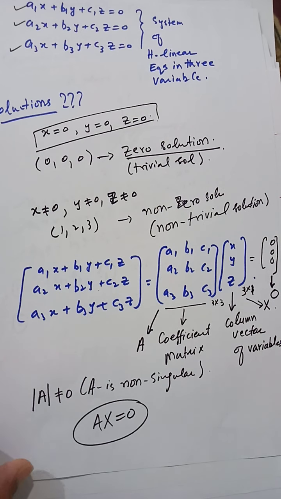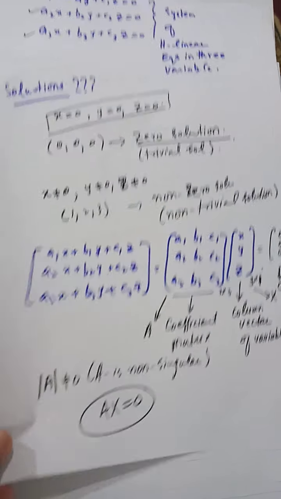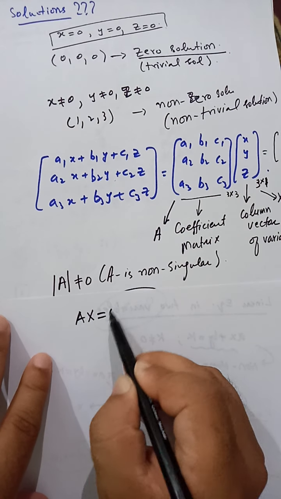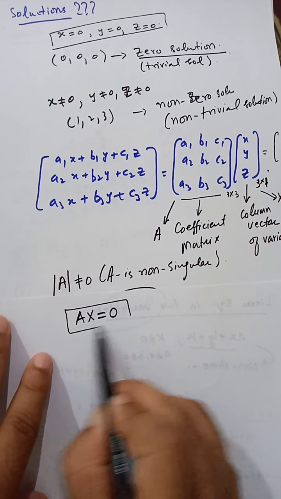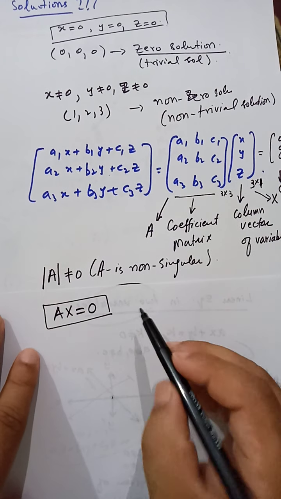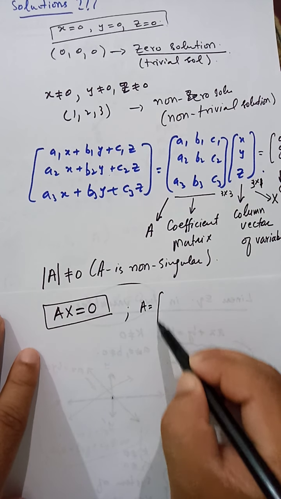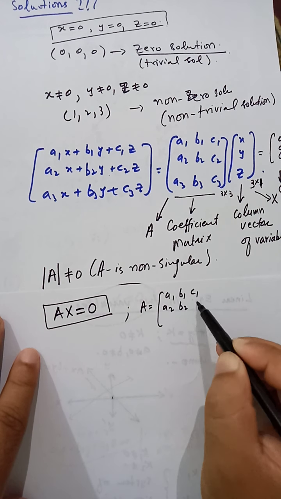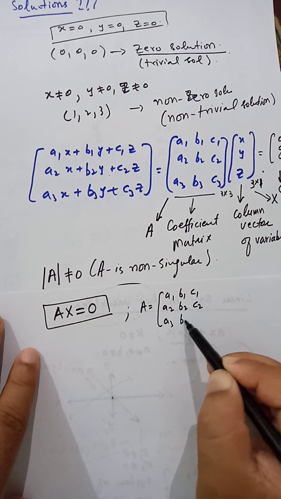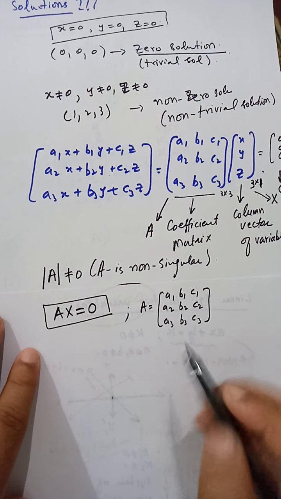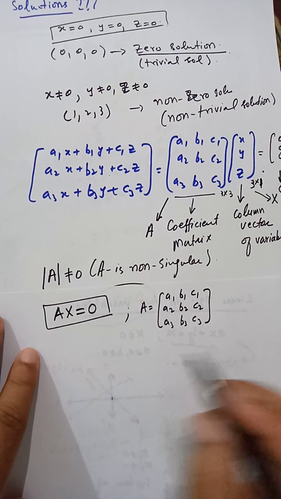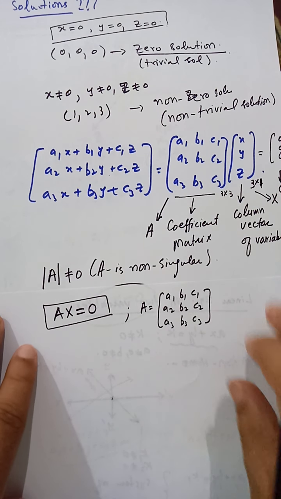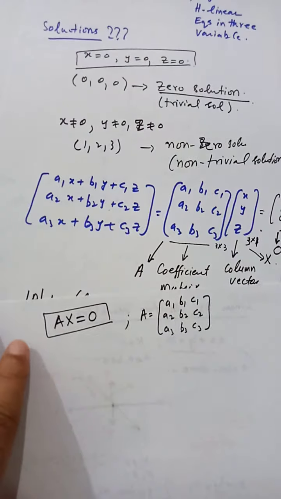Now remember this point. You see that the system of homogeneous linear equations in 3 variables is converted into this matrix form, where A is equal to A1 B1 C1, A2 B2 C2, A3 B3 C3, which is called the coefficient matrix of the given system.